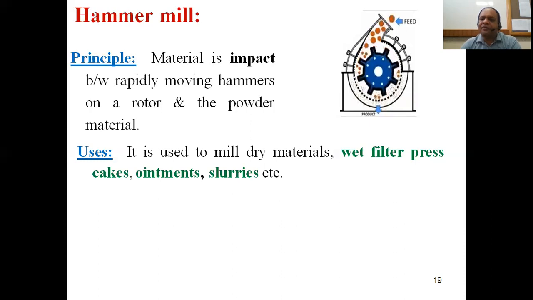If we have a wet filter press cake, this cake is also milled by the hammer mill by impact. Ointment and slurries can also be reduced in size by hammer mill.